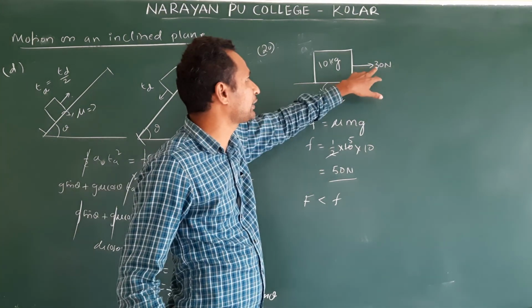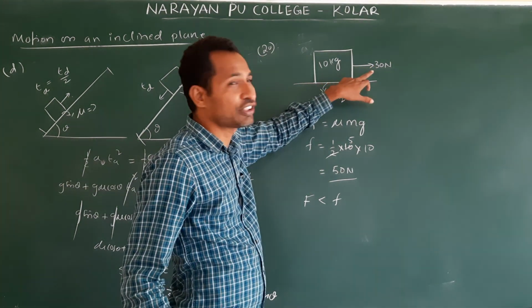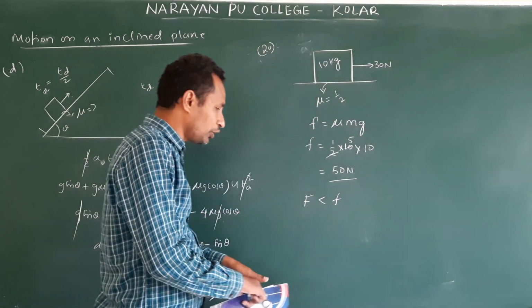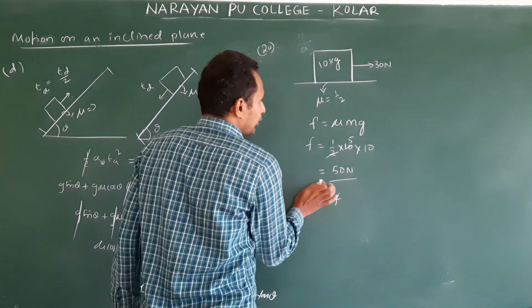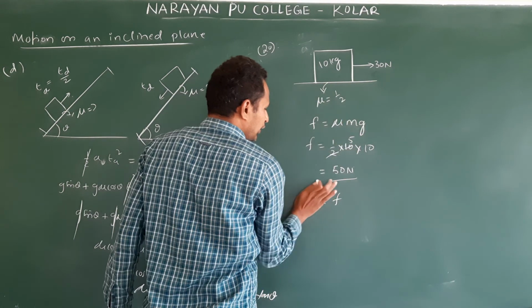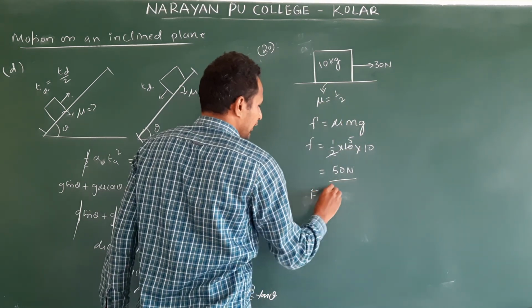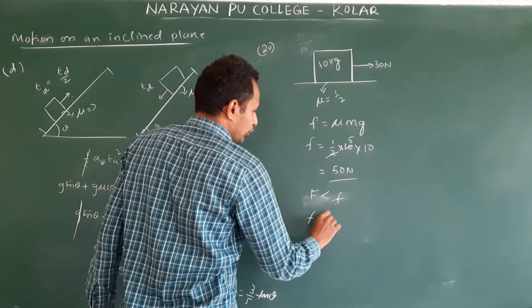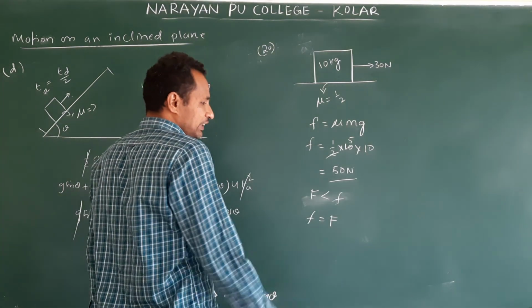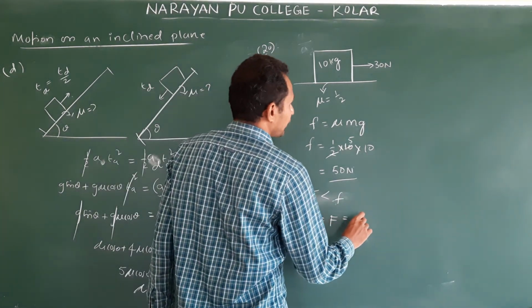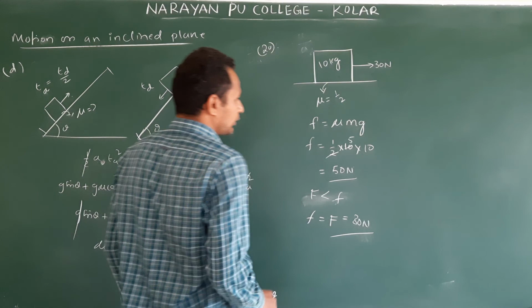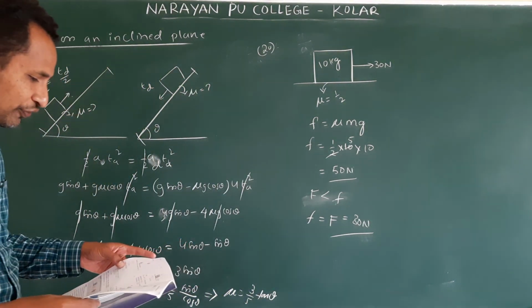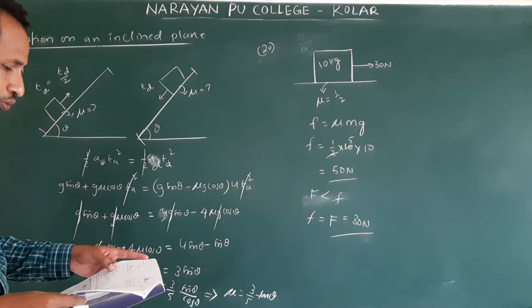Clear? But we are applying 30 Newton, so friction adjusts to 30. Maximum is 50 Newton, but when we apply 30 Newton, the applied force is less than the maximum friction, so friction is equal to the applied force. It is an adjusting force, so it will be 30 Newton only.